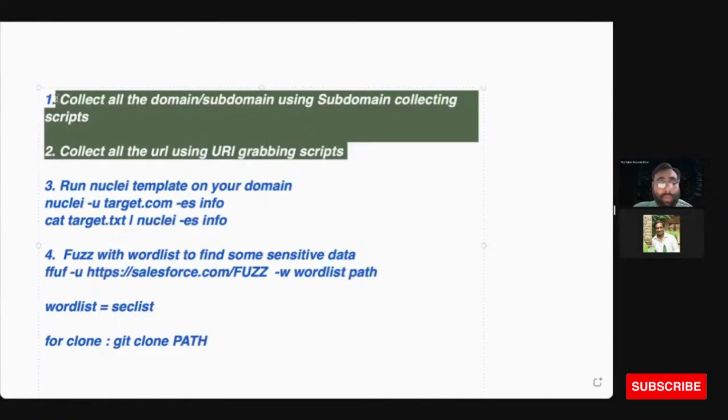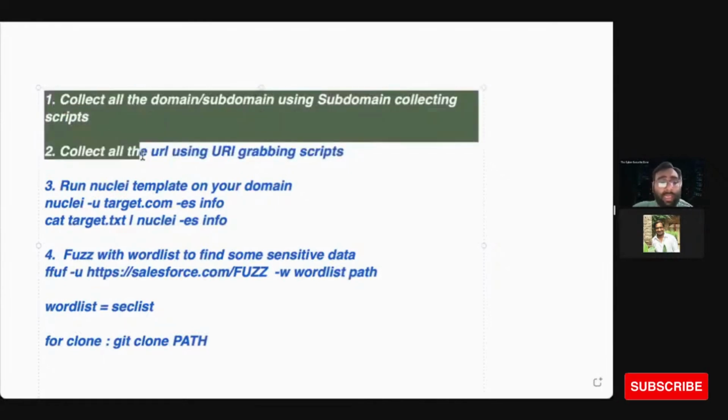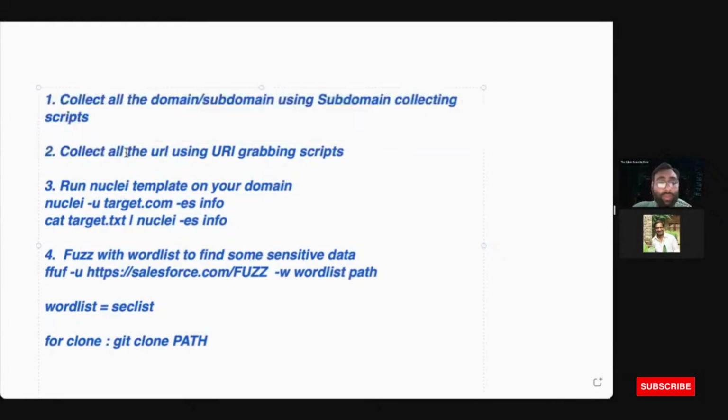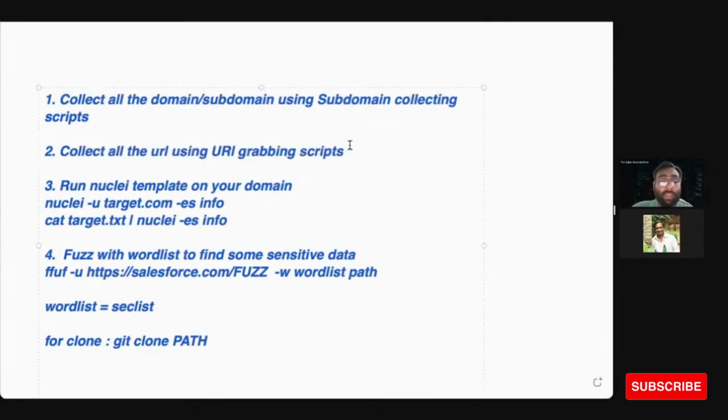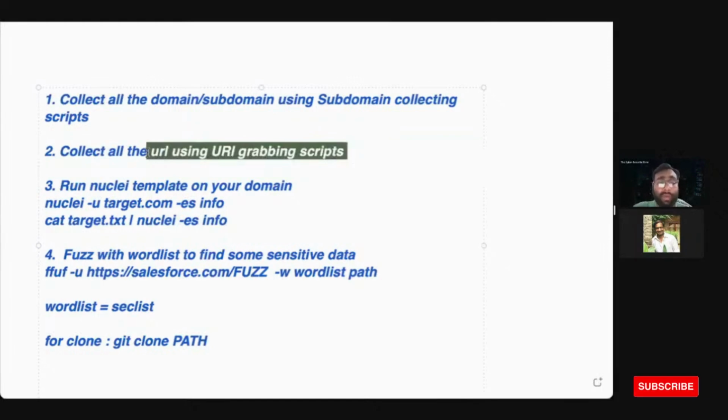You can then filter out and see if we have some sensitive files, JS files, database files, database links, configuration files, APIs, or admin files. You can collect all these by visiting the URLs collected by Gau, Katana, or Webpack.